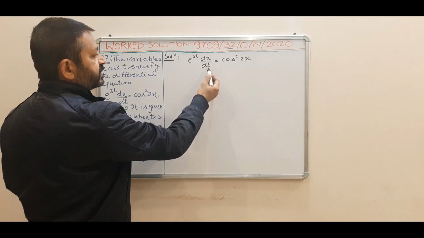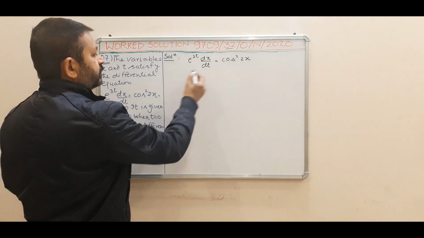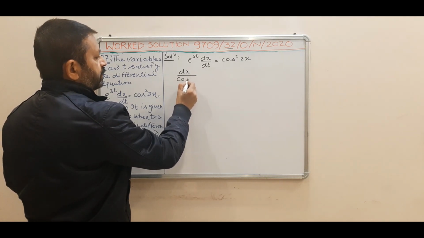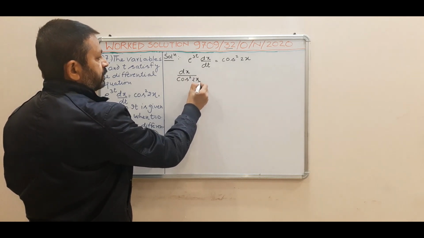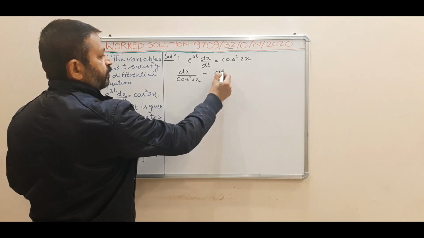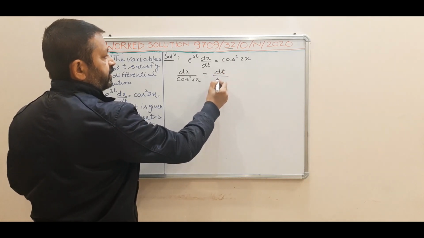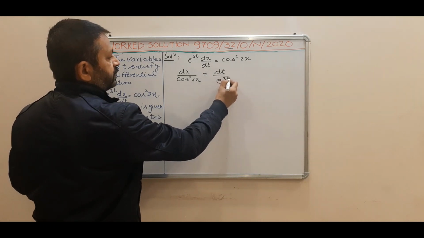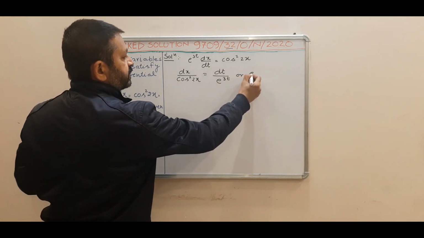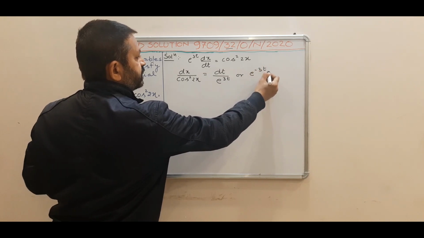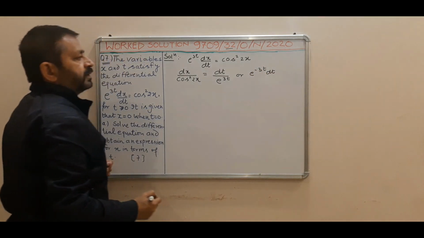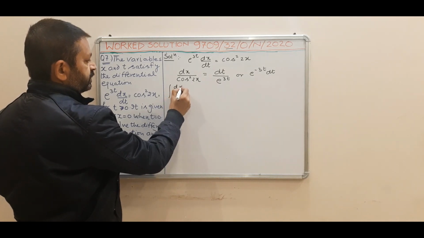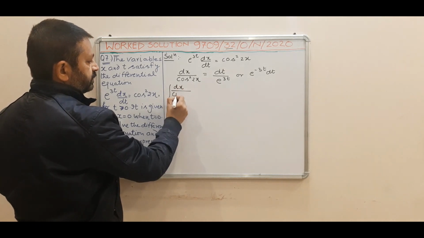Two variables are present, x and t. x on one side and the other variable t on the other side, or we can write it as e raised to minus 3t dt. So after this step, we'll integrate both the sides.